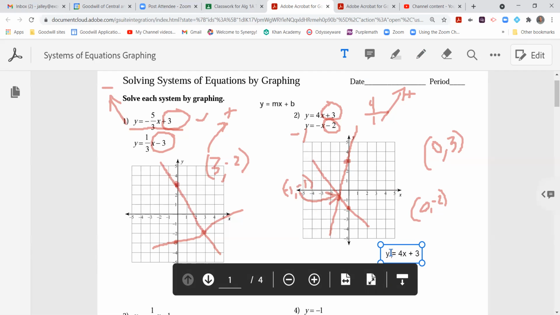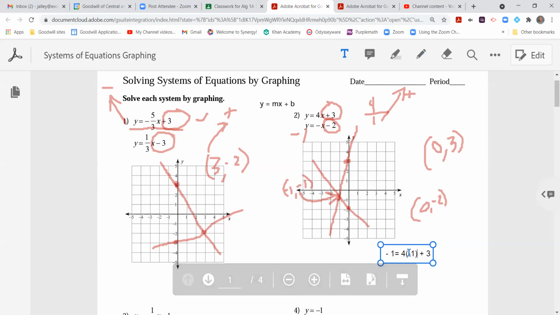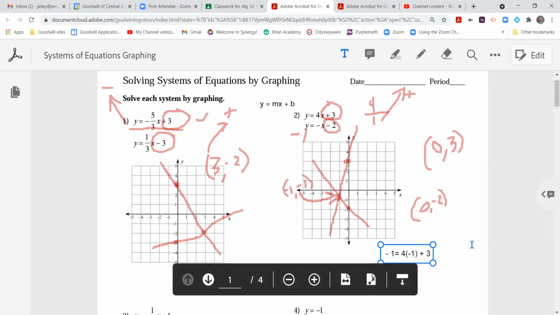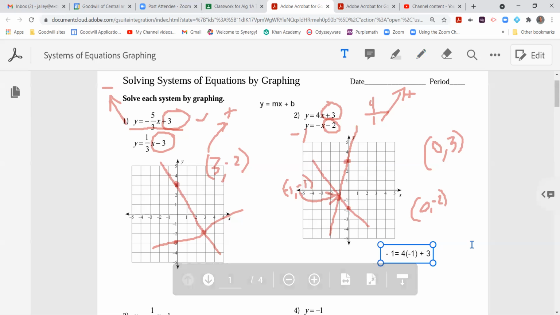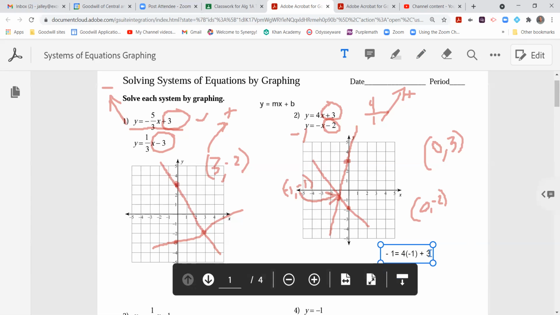So I'm going to replace the y with -1 and replace the x with -1, because those are the values from the point that I got when I graphed it. 4 times -1 is -4, plus 3, -1. -1 does equal -1. So pretty confident about my solution.